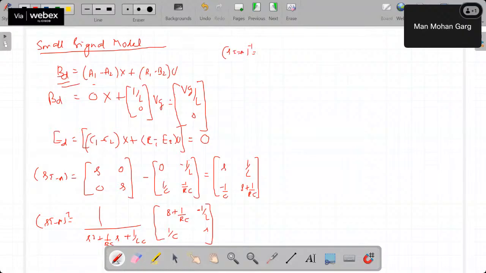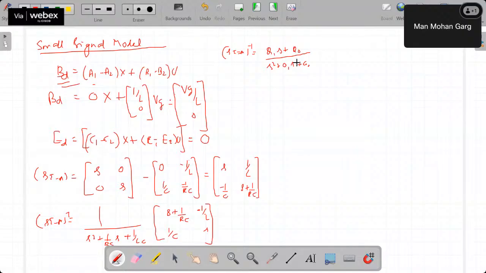In that case, if I go to the Leverrier algorithm, first I will define this (sI minus A) inverse as (Q1 s plus Q naught) upon (s squared plus A1 s plus A naught), right?